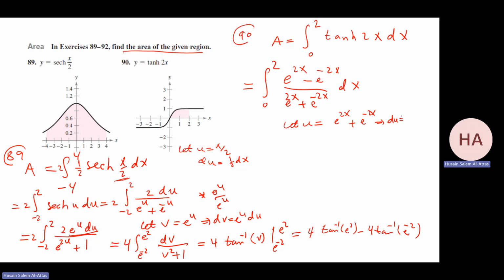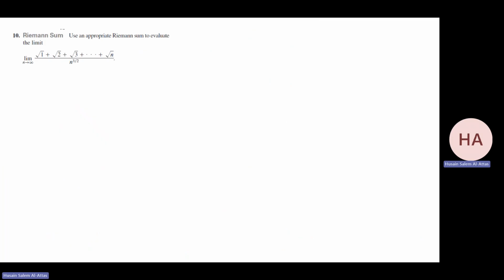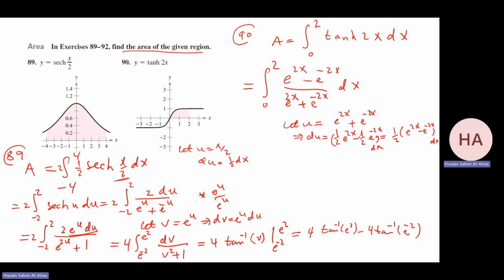Let me write it here. So du will be half e to the x minus half e to the minus 2x, which is half of this one. Don't forget the dx. So I need half and 2 outside, where this is my du. So it will be the answer.